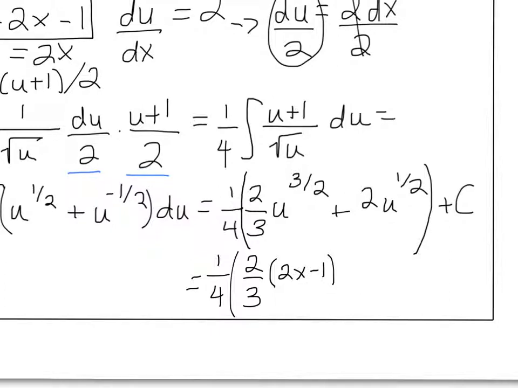So (2x minus 1) to the 3/2 plus 2 times (2x minus 1) to the 1/2, plus c. You could go ahead and distribute in the 1/4 if you want. You could leave it. The world is your oyster. Right is right, as long as you've back substituted.